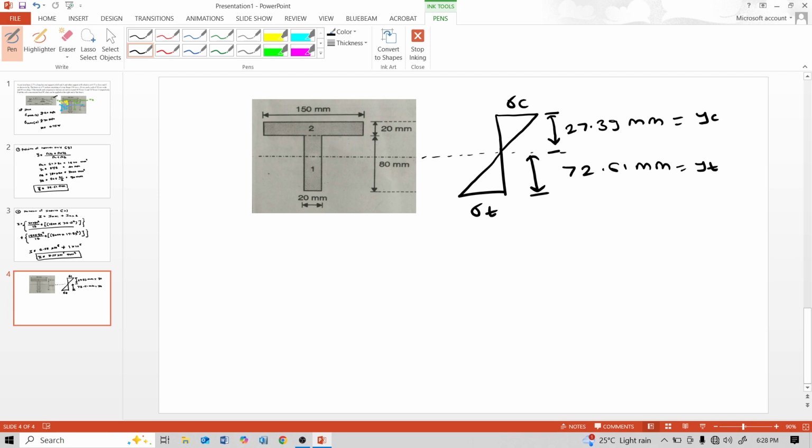With the help of this stress distribution diagram, by the similar triangle theorem, sigma C upon sigma T is equal to YC upon YT.